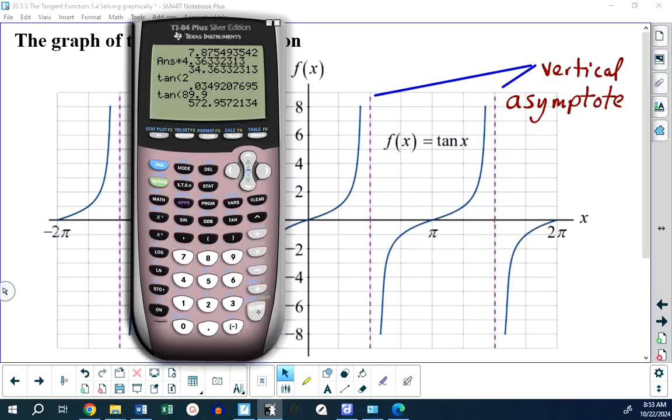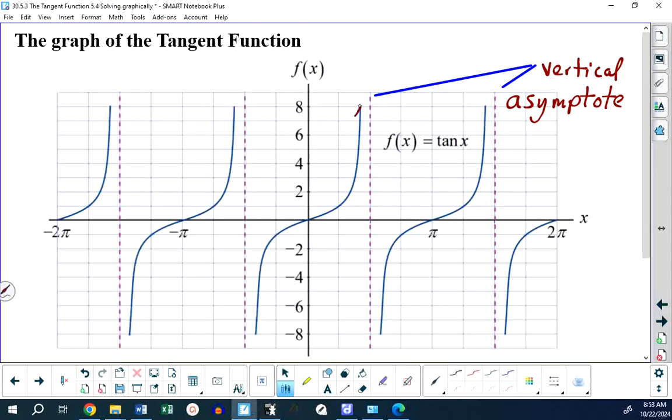When you have a fraction and the bottom gets really small, the whole fraction explodes. So that's why all of these curves continue up. And we would describe, and we're going to use this language later on in the course, these curves as being asymptotic against those vertical lines.